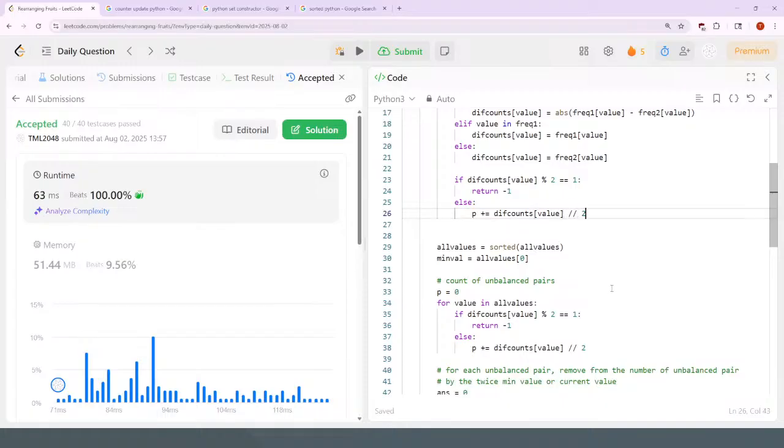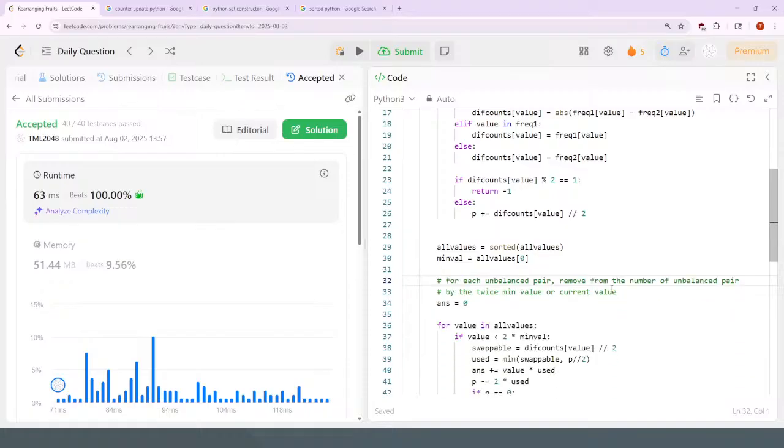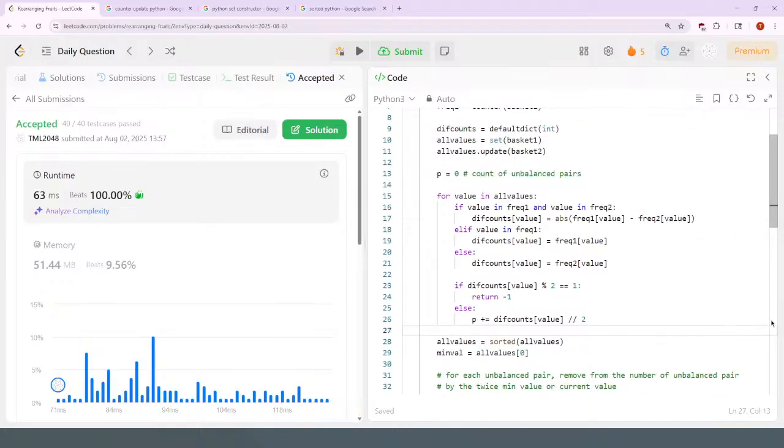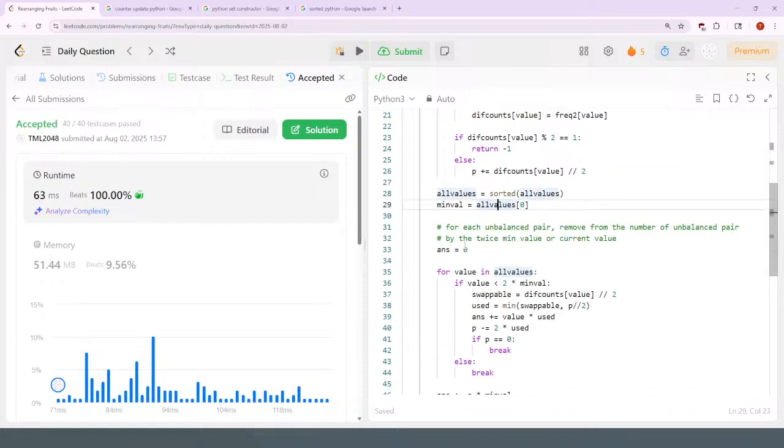Yeah. So I can get rid of this one. All values is sorted. Sort list, get the first element.